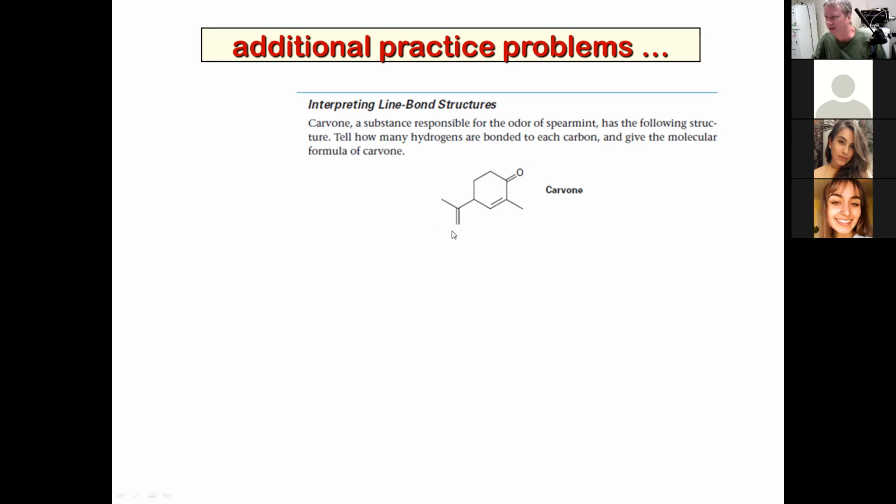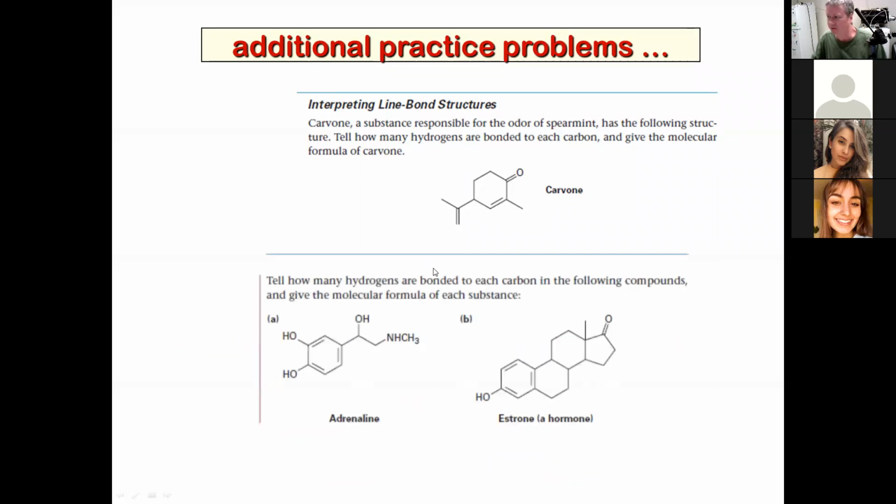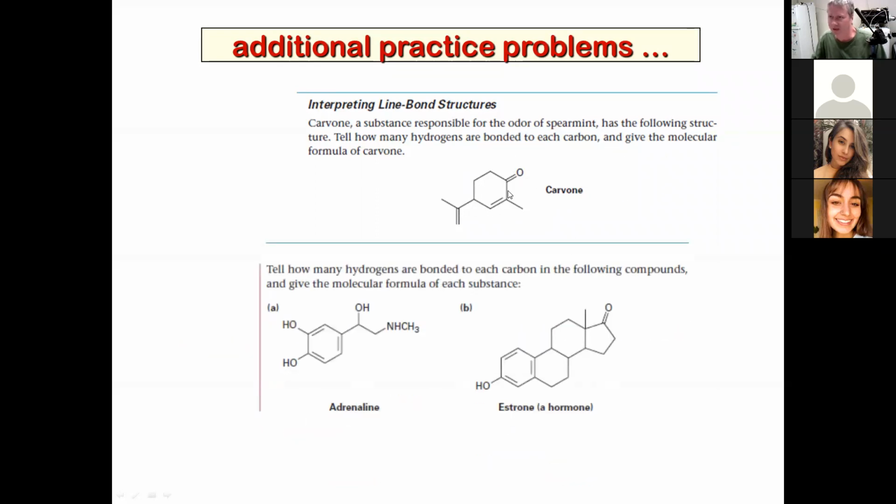So CH3, CH2, CH, CH, CH3, and of course no H's on the carbon that has 4 things on it, then CH2 and CH2. If you add all that up, you'll get a molecular formula. And then you can check yourself on Wikipedia, which will tell you the chemical formula of this.